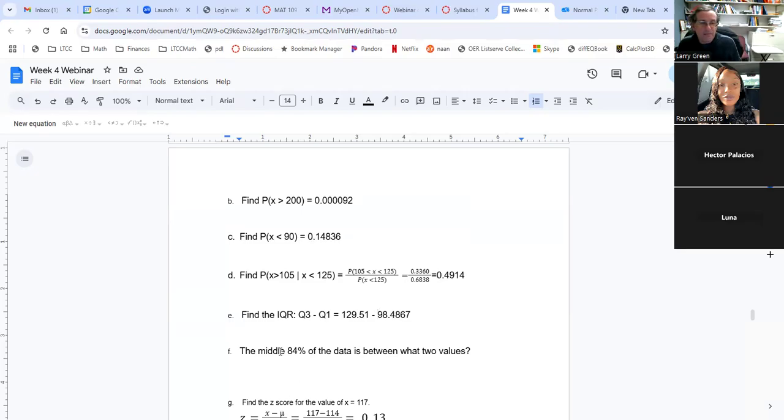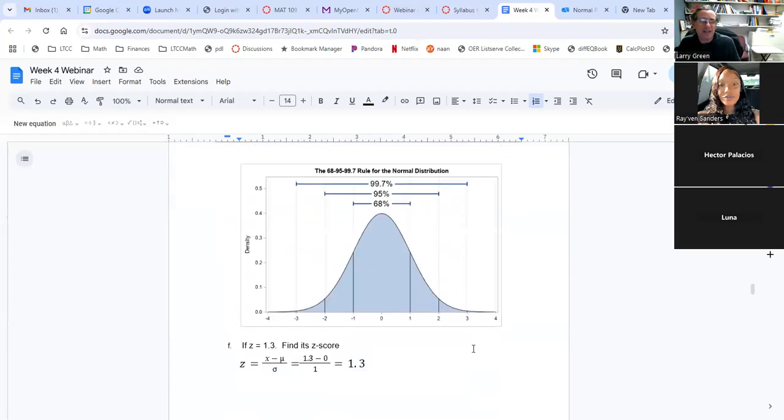Okay. The middle 84% of the data is between what two values? So the idea on this one is we're going to have to, again, think about the picture. And if the middle part is 84%, then the outside is 1 minus 84%, or 100% minus 84%, which is 16%.